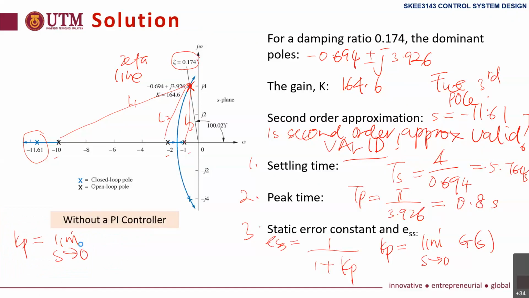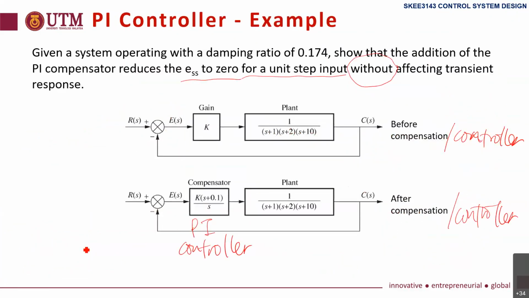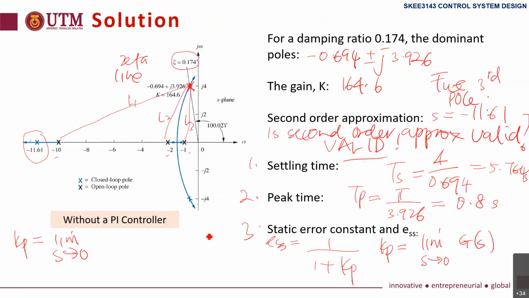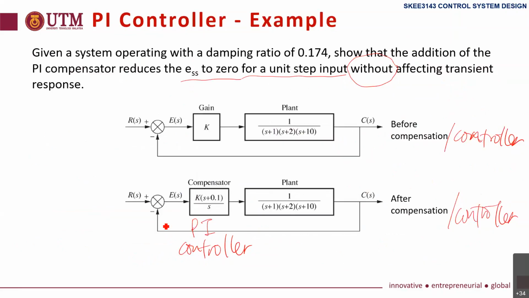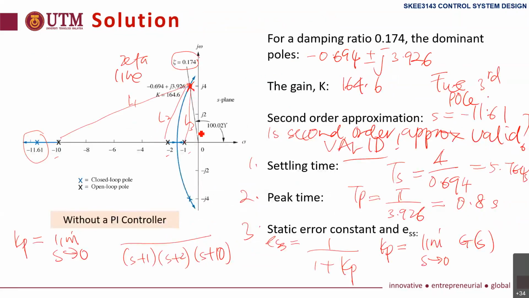Our G(s) is K over (s+1)(s+2)(s+10), and K is the one at that point, 164.6.